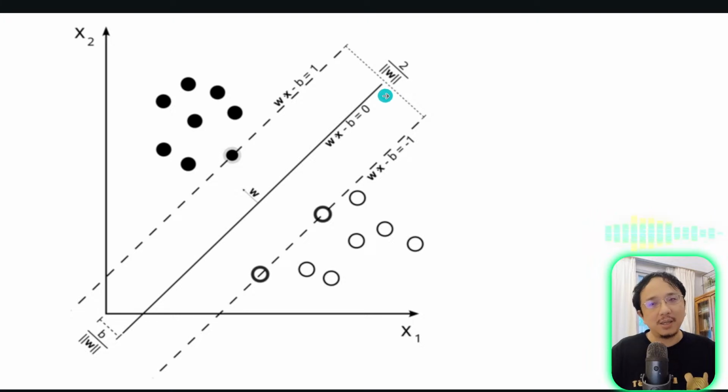So that's the idea of the linear support vector machine. We simply try to find a linear equation that satisfies both of these conditions, and try to minimize the norm of w.